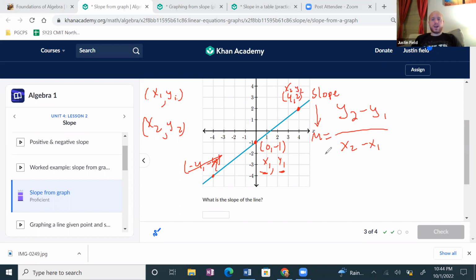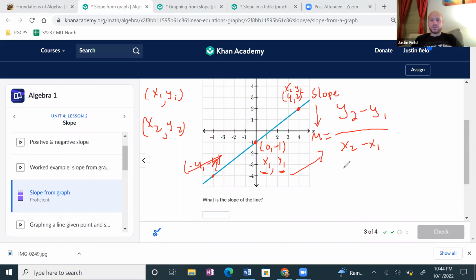All right, so now we got it. I found my points that were integers on the line. That was the first part. Then I labeled one of them x1, y1. I labeled the other one x2, y2, and now I substitute them into my formula.